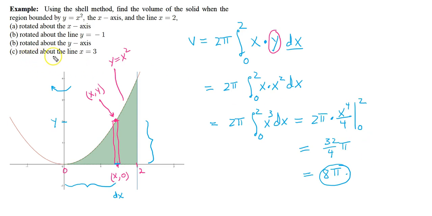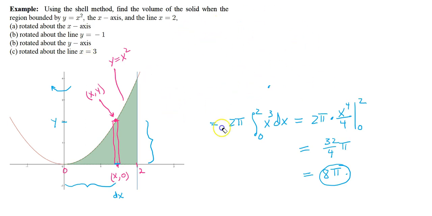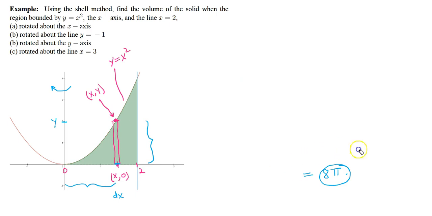Now let's take a look at rotating this around the line x equals 3. So now we're going to rotate around that line, this region here.